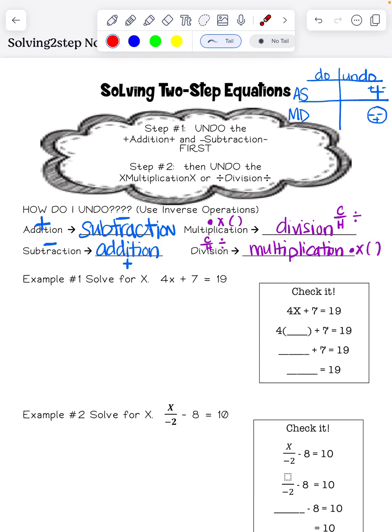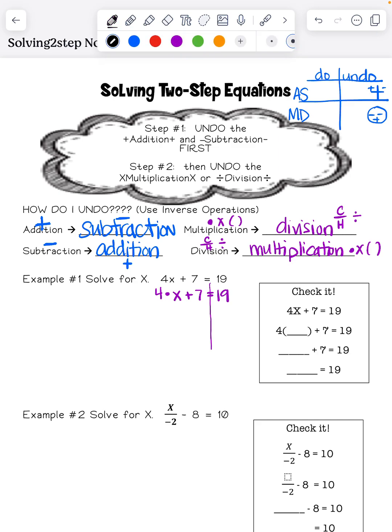So what does it mean when a number and a letter sit side by side? Well, that means multiplication. So I'm going to write 4 times X plus 7 equals 19. And then I'm going to draw my line down my equal sign. All right, now I'm ready to create my do-undo chart.